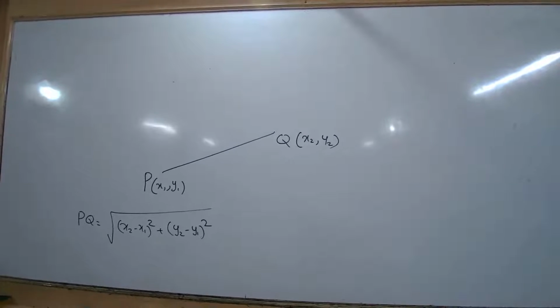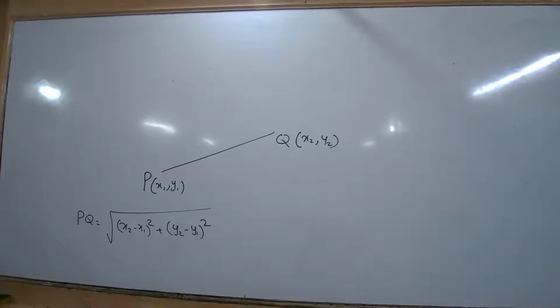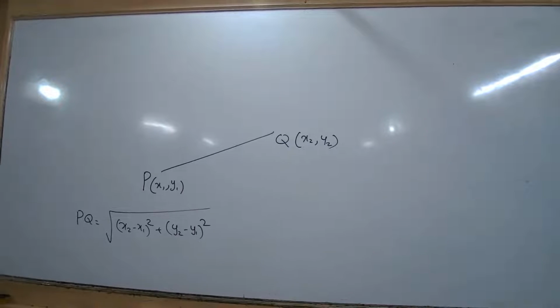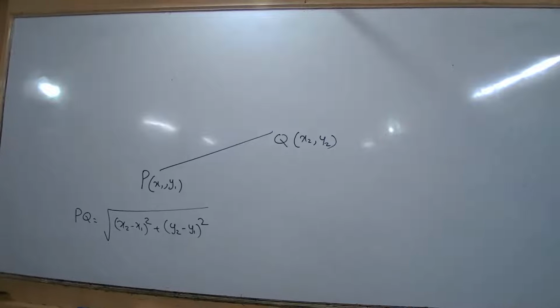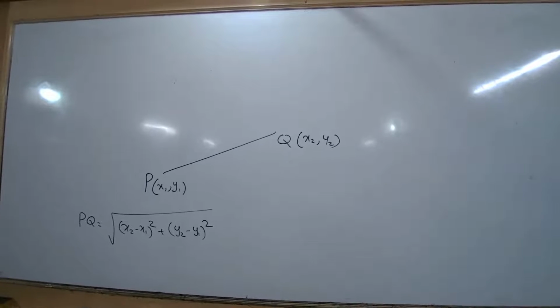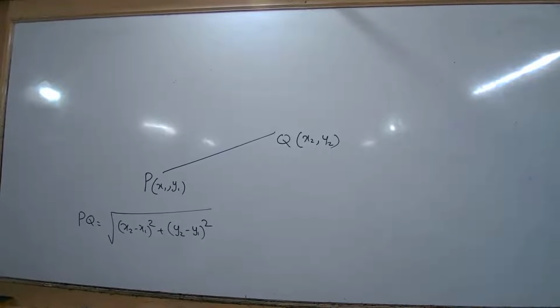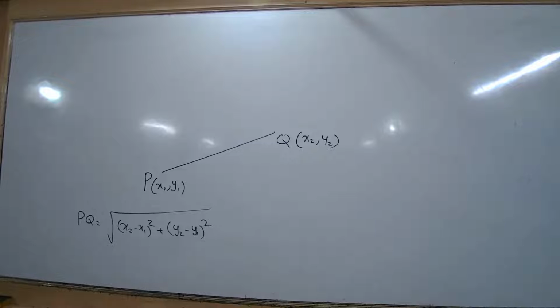If a point is on the x axis, it is of the form x comma 0. These are important, applications will come. A point on the y-axis is of the form 0, comma y. This basic part, you know.